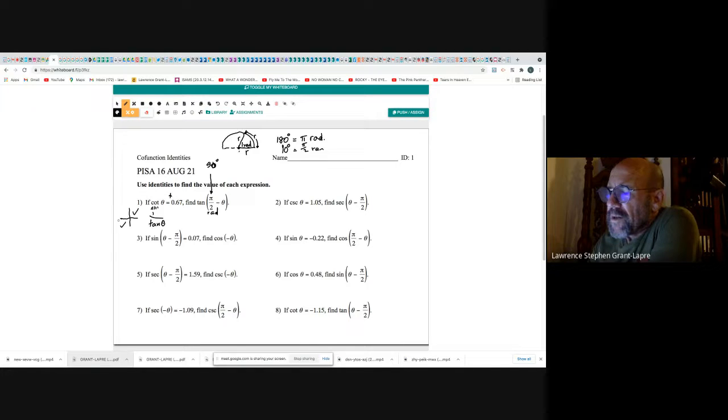So theta is either a quadrant 1 angle, which is acute, or theta could be a quadrant 3 angle. Otherwise, you would get a negative number here instead of a positive. Now we're after tan of 90 minus theta, not theta.